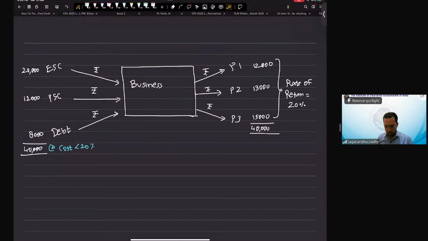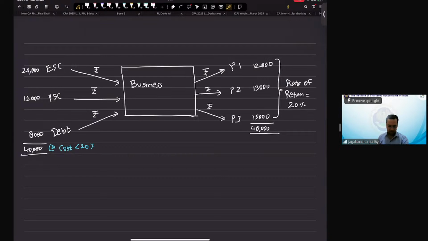Right? So now the question arises. One part is, how do we measure this rate of return that we expect on this portfolio or on these projects? That's 20%, right? Whereas when you are going to raise money from either of these three sources, the cost should be less than 20%.